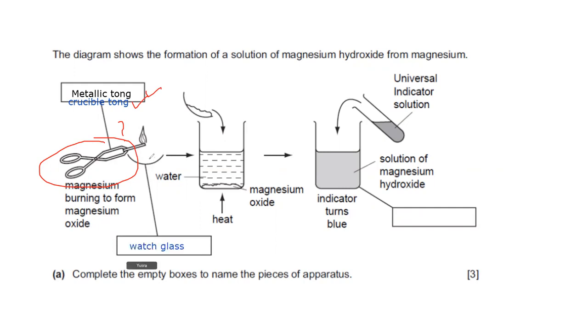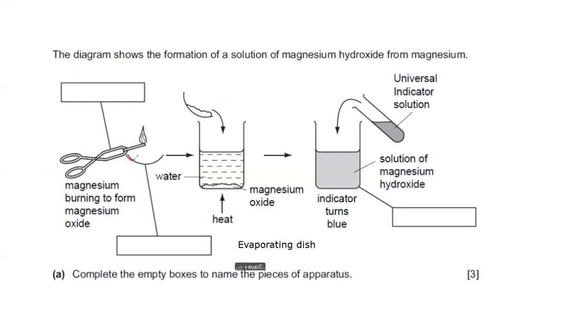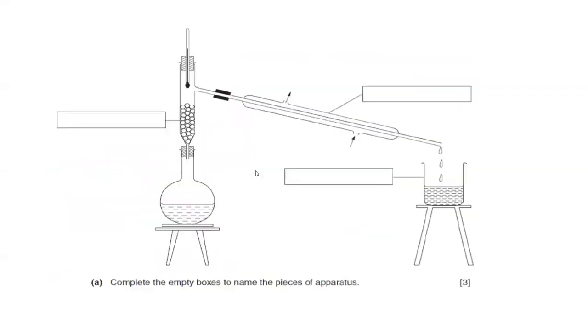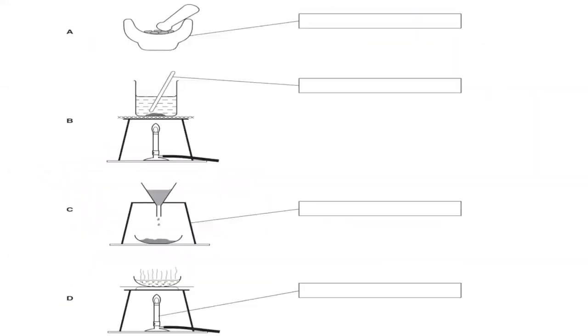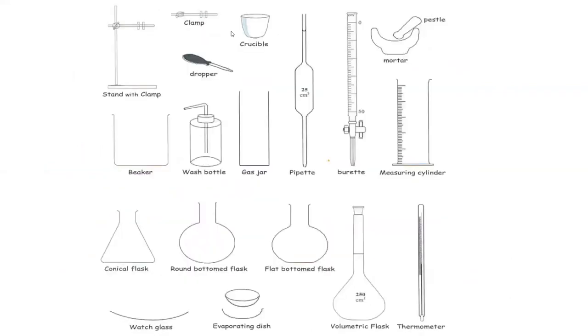Is it a watch glass or evaporating dish? What does it look like? I will show you the two of them. Then you try to recognize what it looks like. Just a minute. I will show the pieces of apparatus. This is the watch glass, and the other one is the evaporating dish.